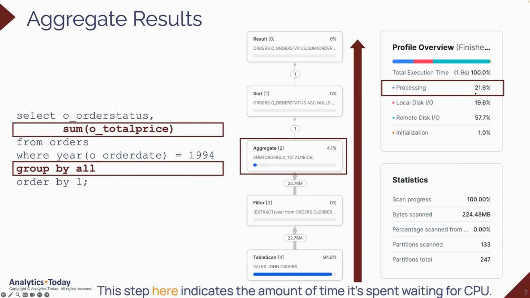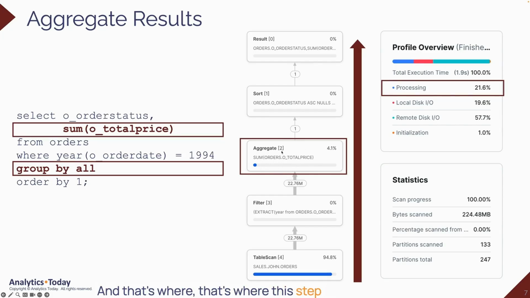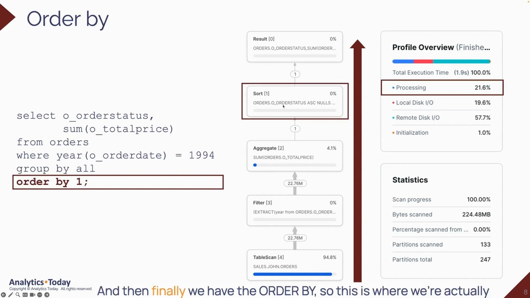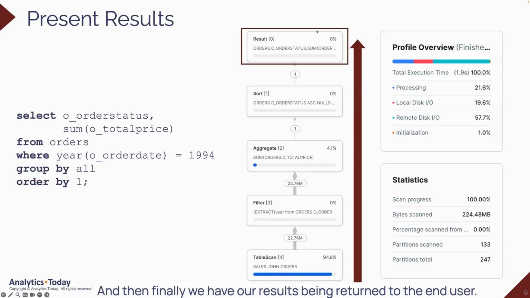This step here indicates the amount of time it spent waiting for CPU, and this indicates that it spent a considerable amount of its time processing, and that's where this step was spending its time, the aggregate. And then finally we have the order by. So this is where we're actually sorting the results, and this is also adding to the processing time. And then finally we have our results being returned to the end user.